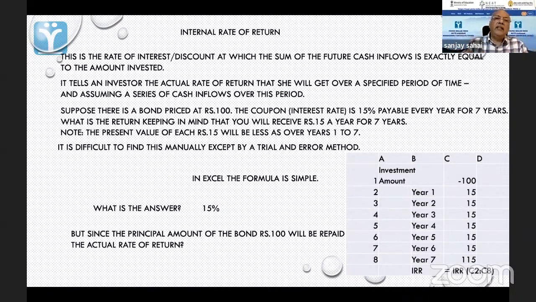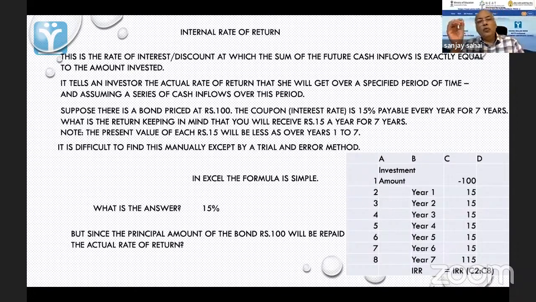Any debt instrument, remember the catch is that you have to get that money back at the end. Any debt instrument, whatever rate of interest is offered to you, that is actually the internal rate of return. How do you get that? By discounting all the cash inflows that you will receive. What are these cash inflows? These are the interest payments that you receive.